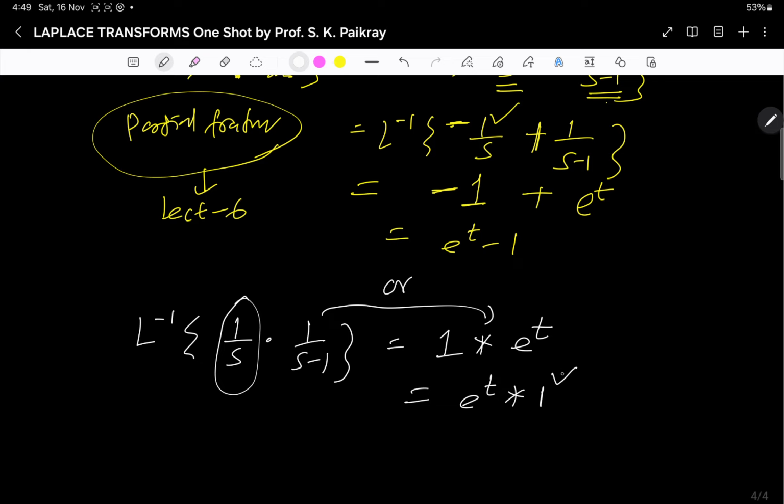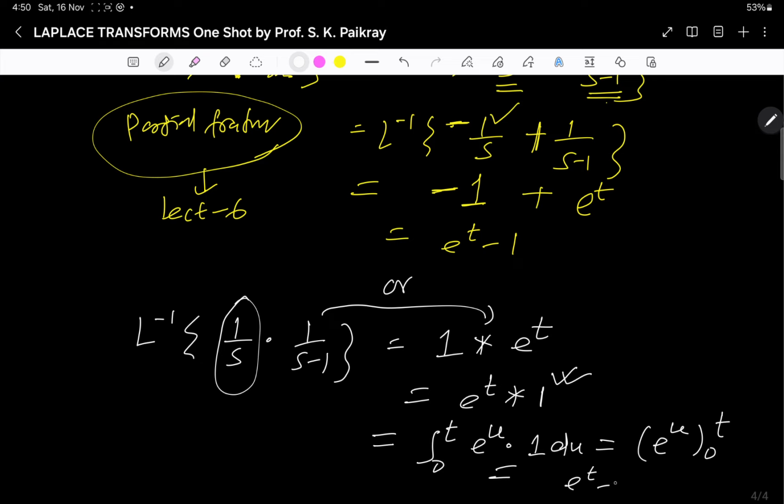Always try to keep the second function simple because we know it is commutative also. So that will be equal to the integral 0 to t e to the power u du. If you evaluate it, it is e to the power u from 0 to t, upper limit minus lower limit, which is e to the power t minus 1.